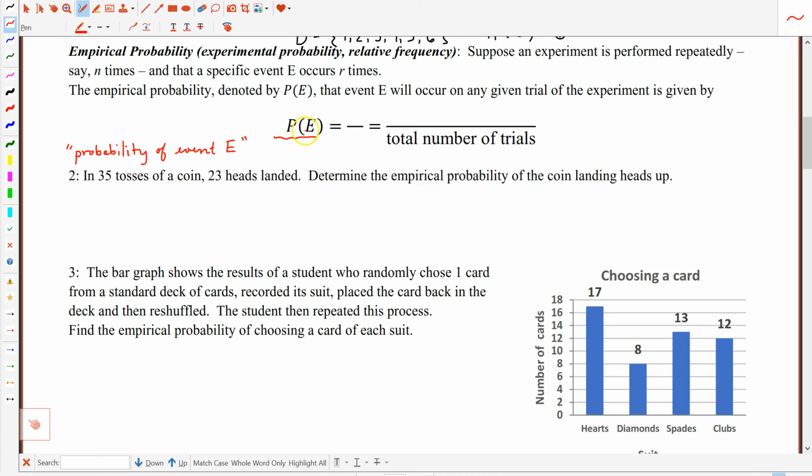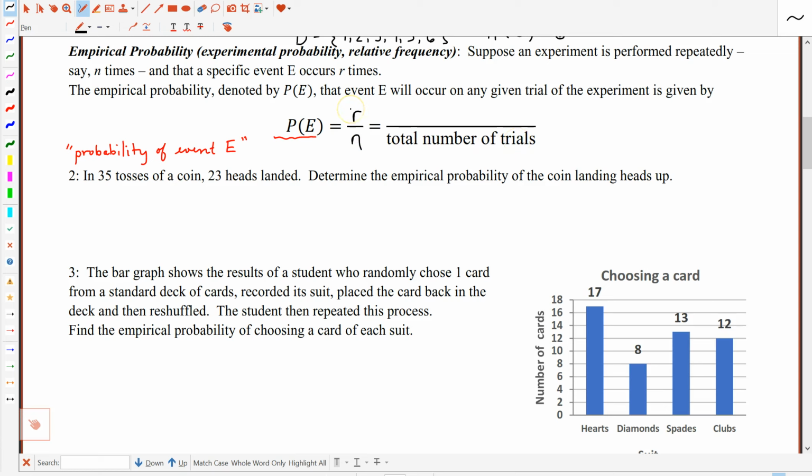Okay. So that probability will be calculated by computing R, the number of times your event occurs, over N, which is the total number of trials of the experiment.